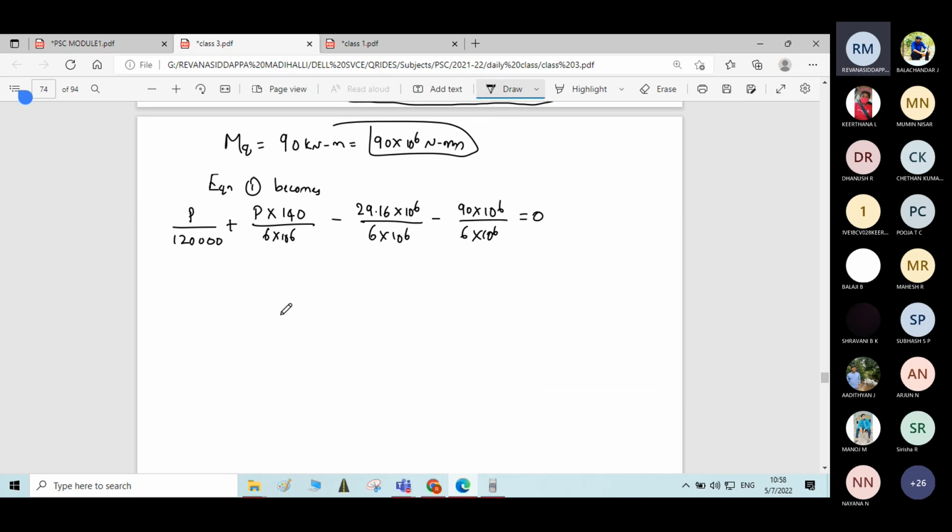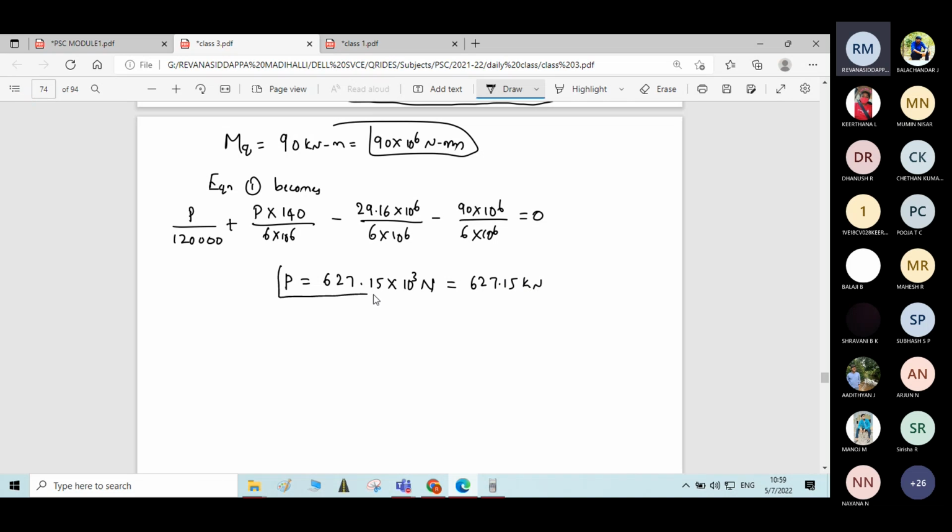So by this you can solve for P. Only P is the unknown parameter in this equation. If you solve, you get the answer as 627.15 into 10 power 3 Newton, that is 627.15 kilonewton.